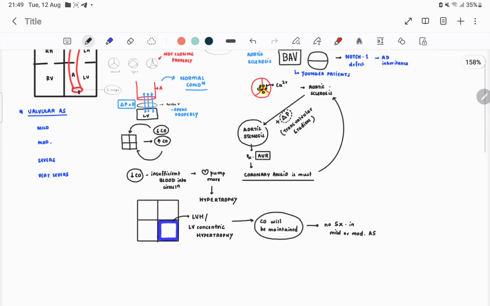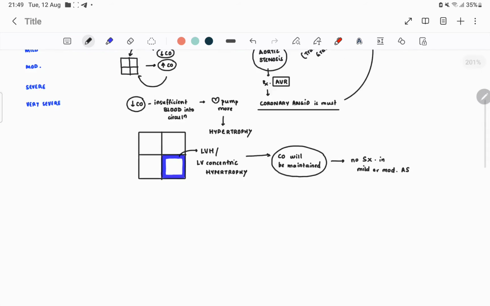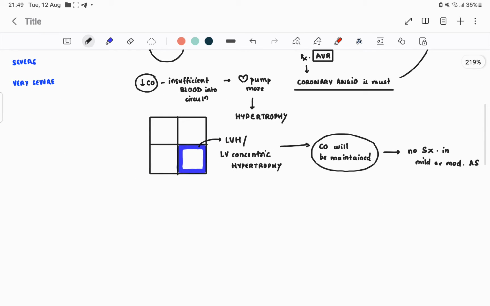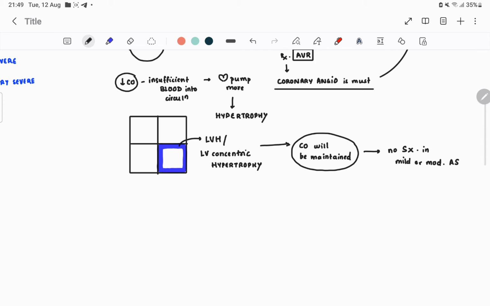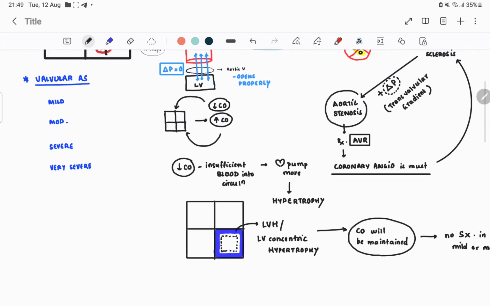Okay, no symptoms. But what happens if it is severe? In severe, there will be symptoms. In severe, there will be a significant amount of hypertrophy. When compensatory mechanisms fail, there will be symptoms present.